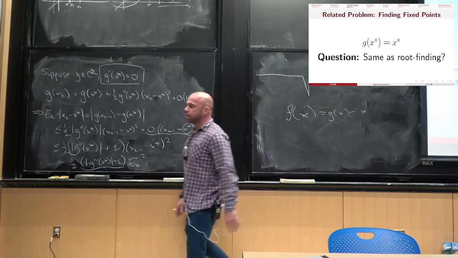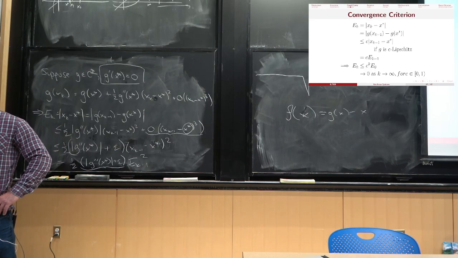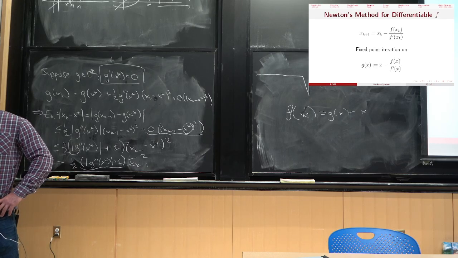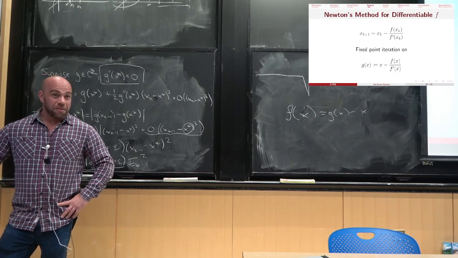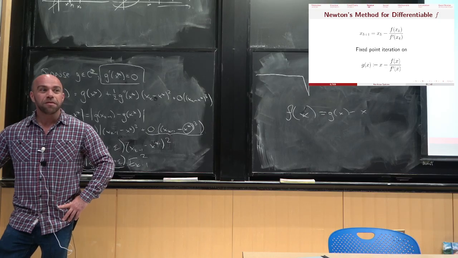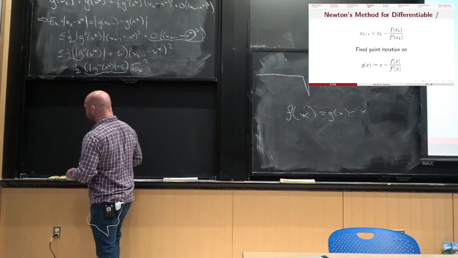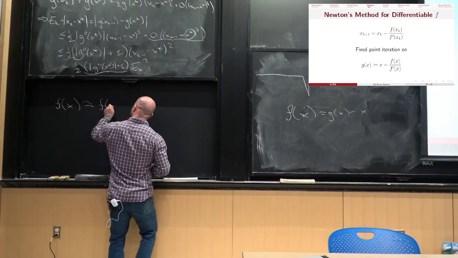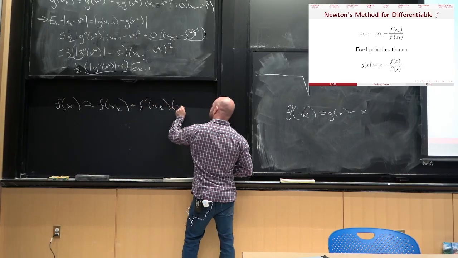The good news is we have shown that there are conditions under which fixed point iteration can work, and moreover that it's quadratic. Essentially what we're going to start our next lecture with, because we're out of time today, is the most famous algorithm for root finding, a particular technique called Newton's method. Newton's method says, let's approximate f of x as f of xk plus f prime of xk times x minus xk.